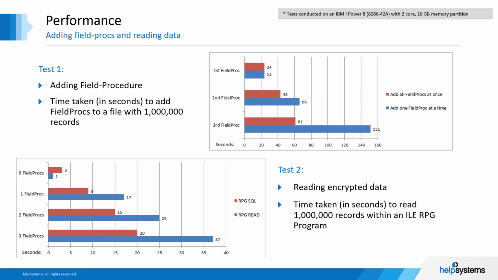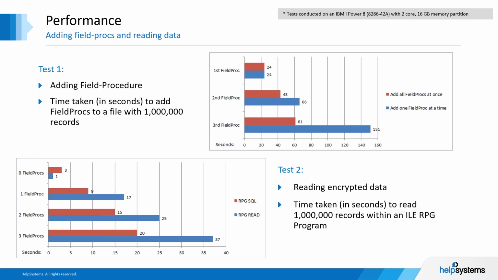The difference in the top graphic between the red and the blue bar is by adding one field proc at a time versus adding them all in the same instance. And you can see, especially by the time you add that third field proc, the overhead of adding them one by one is significant over if you had added all 3 at the same moment.